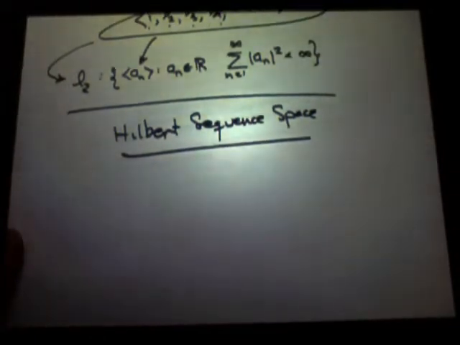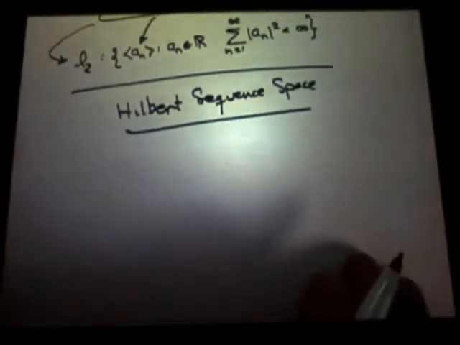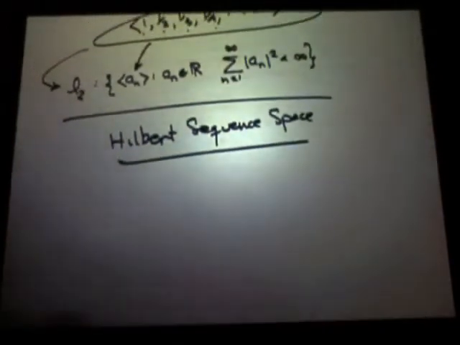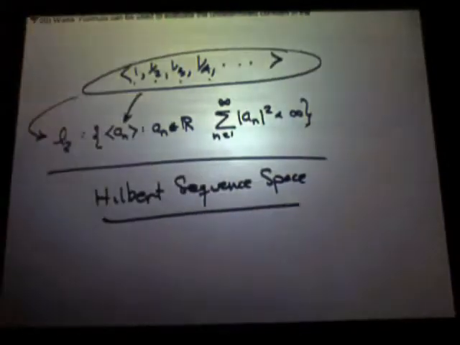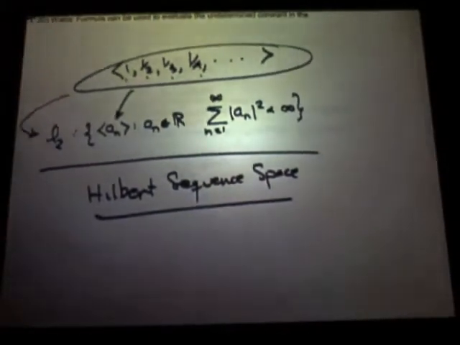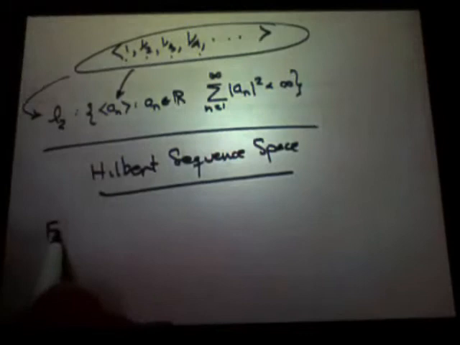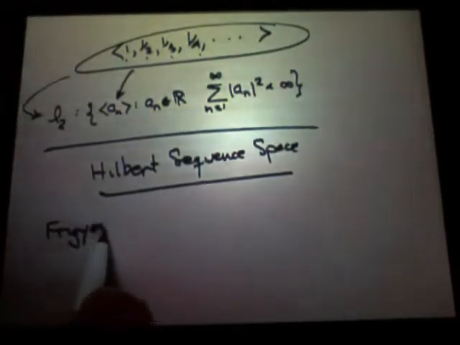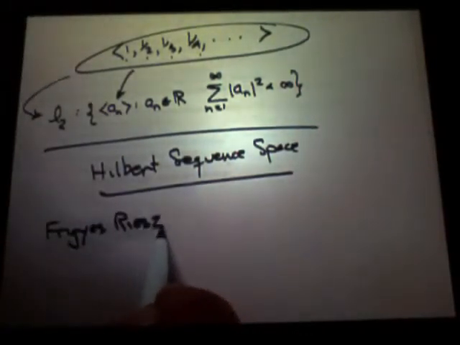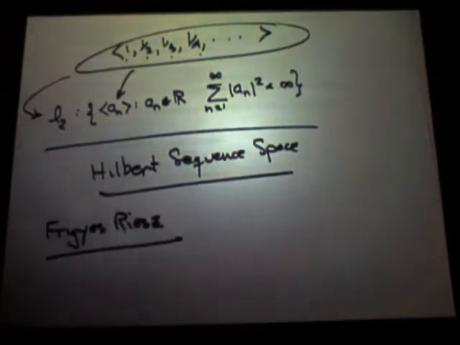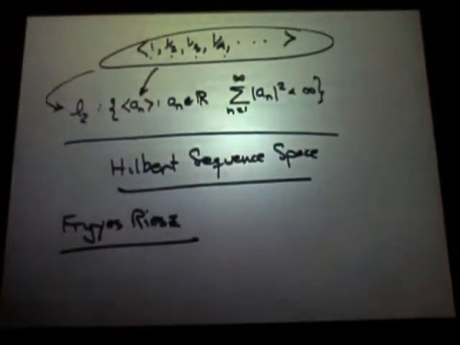This is one of the classical function spaces that was investigated about 100 years ago by Riesz and his buddies. You'll see the Riesz name on a lot of stuff.